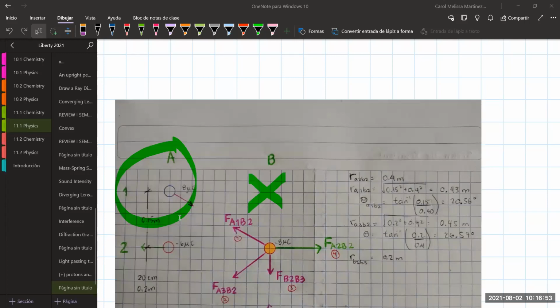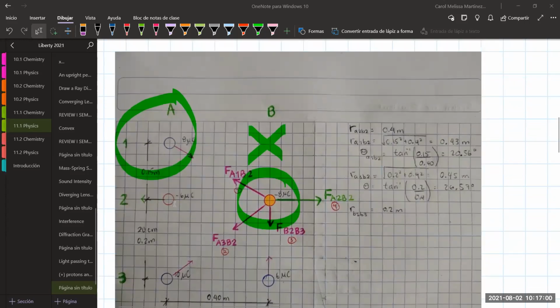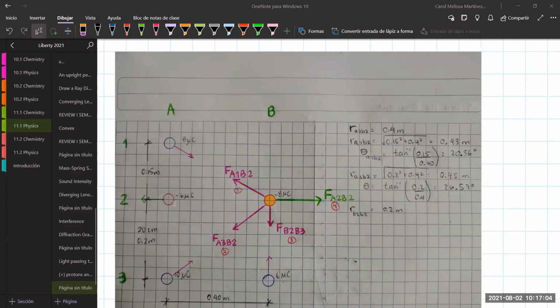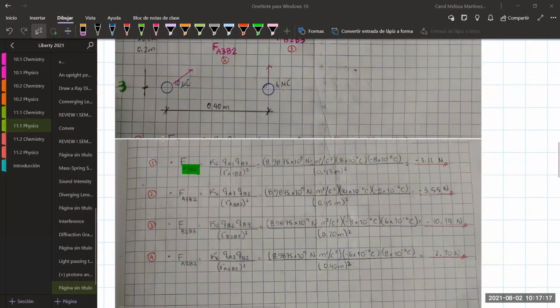Pero B1 no existe, entonces B2 sería esta. So, in my formula, I will include the values of the charges. Esta sería una de mis cargas, esta sería la otra carga, 8 and negative 8. But the negative doesn't really matter. Okay, you will see the reason why.